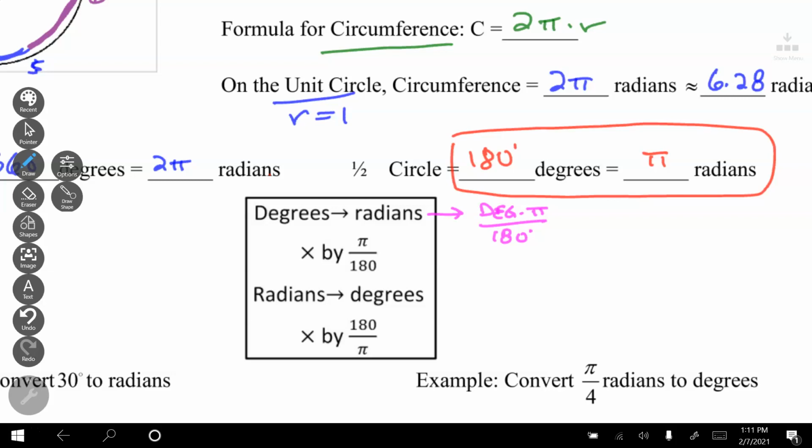And that will give me my radians. Usually I don't worry about the pi when I do this. I'm going to get some numerator times pi over denominator, so usually a fraction with pi involved.